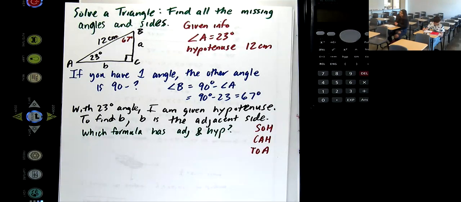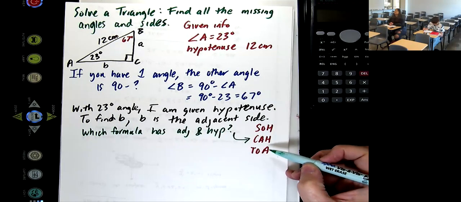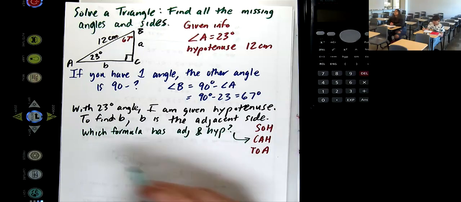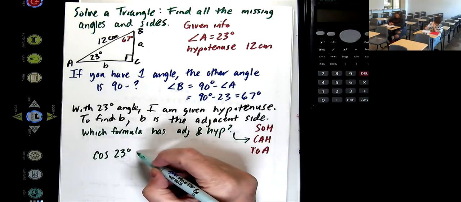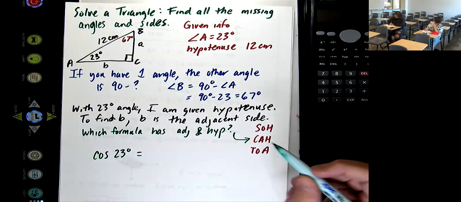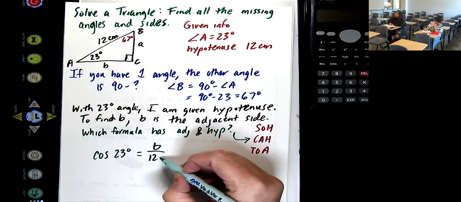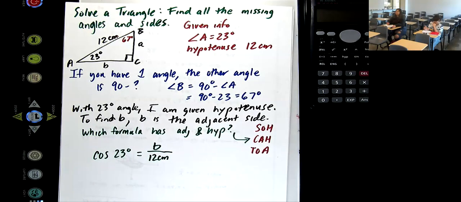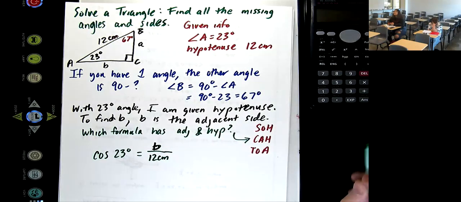The one that has A and H in it is that one, cosine. So what this tells me is the cosine of 23 degrees equals adjacent, which is B, over hypotenuse, which is 12 centimeters. I hate my B's look like 6s.